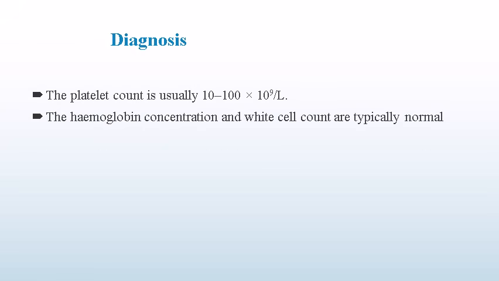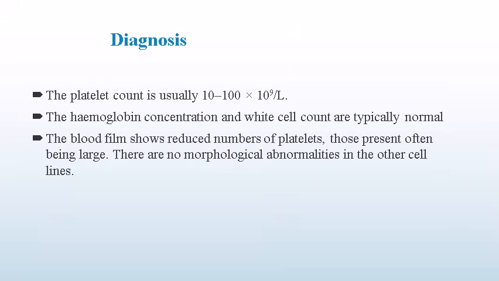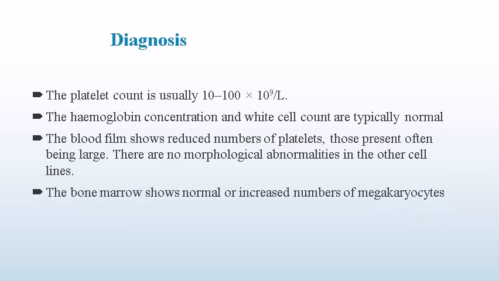Hemoglobin and white blood cells are usually normal. When we do a blood film for these patients, they usually have low platelets and no other abnormality. Sometimes a leukemic patient or myelodysplastic patient may present with thrombocytopenia. Bone marrow shows normal megakaryocytes.